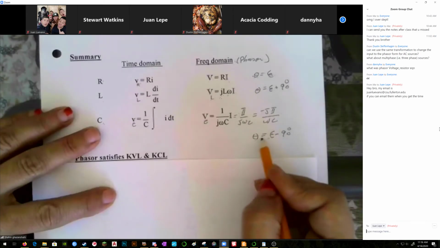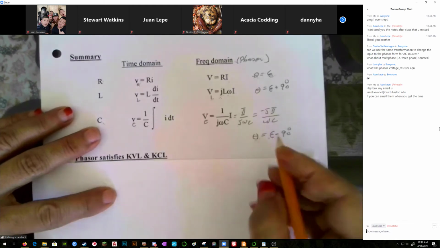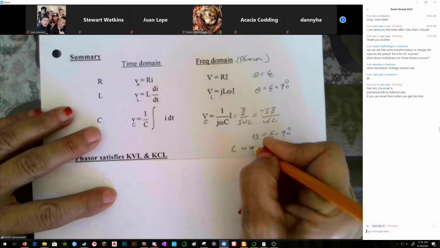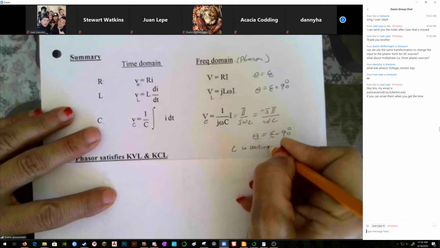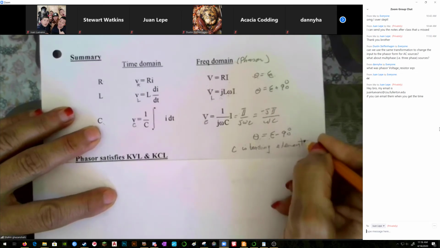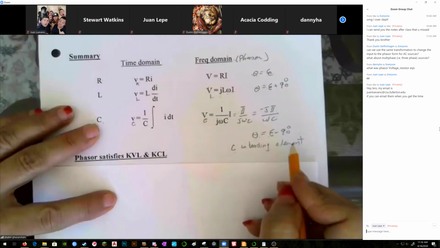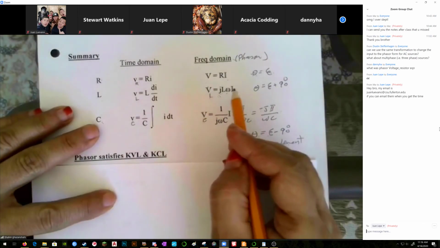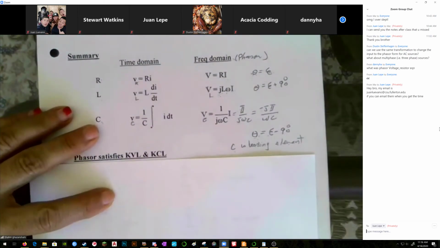For capacitors, the current leads. So the capacitor is a leading element, which means current leads the voltage. Inductors are a lagging element. Current lags the voltage by 90.